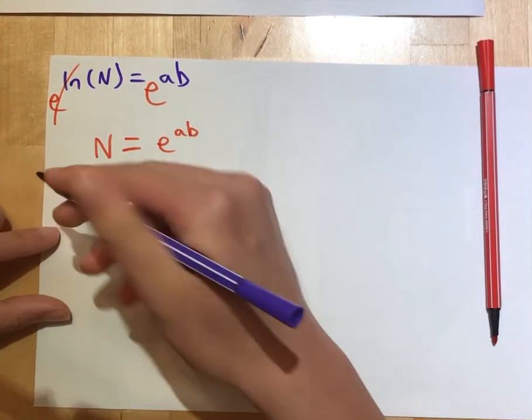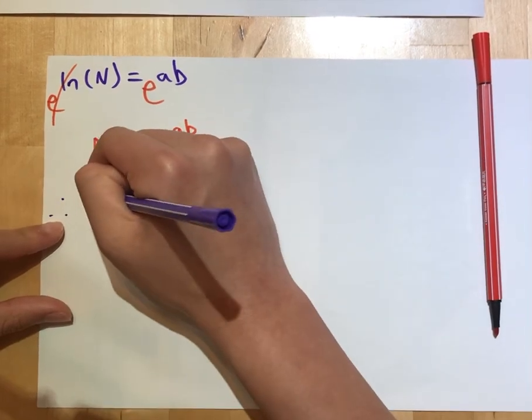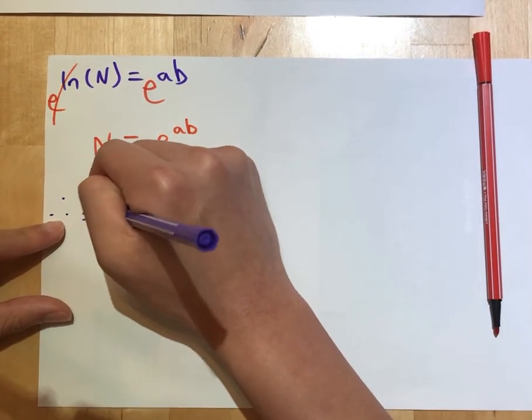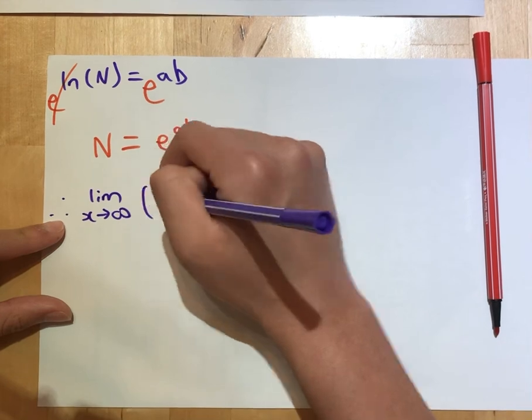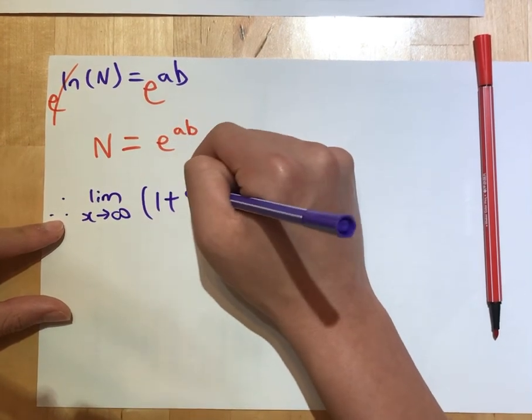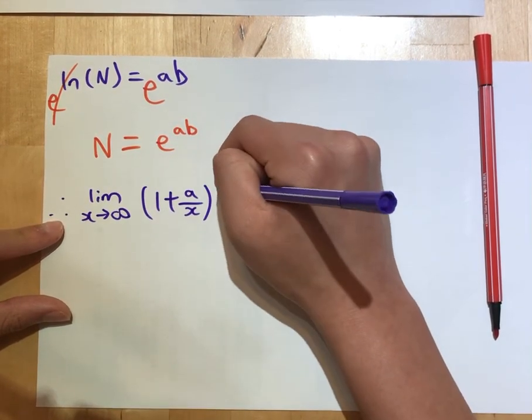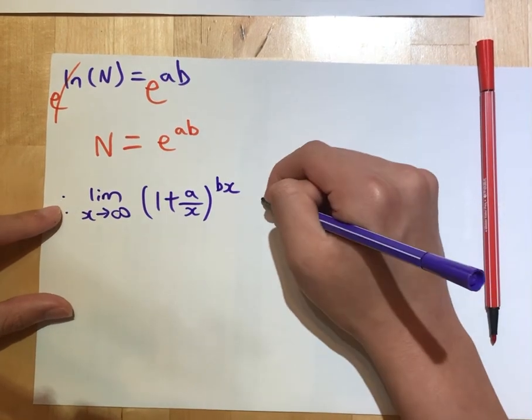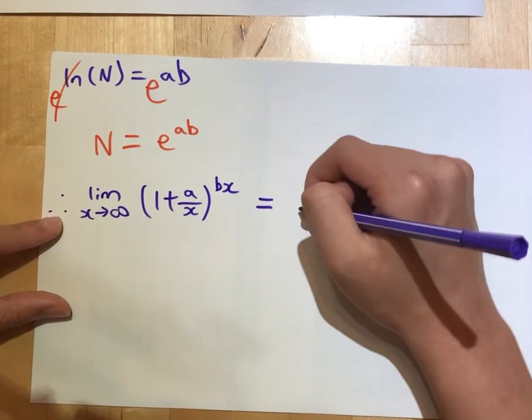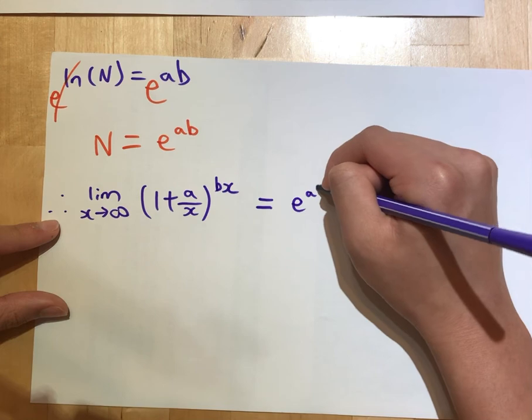And then our conclusion will be the limit as x approaching infinity of (1 plus a over x) to the power of bx is equal to e to the ab power.